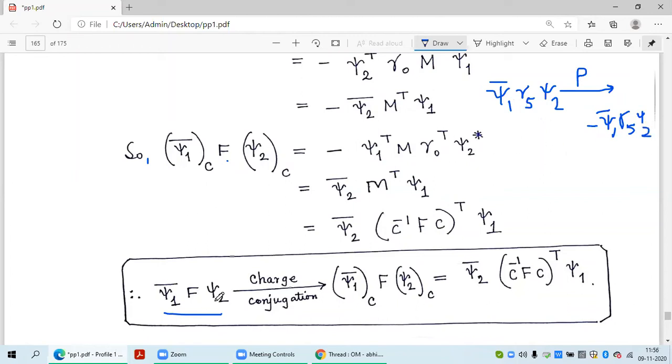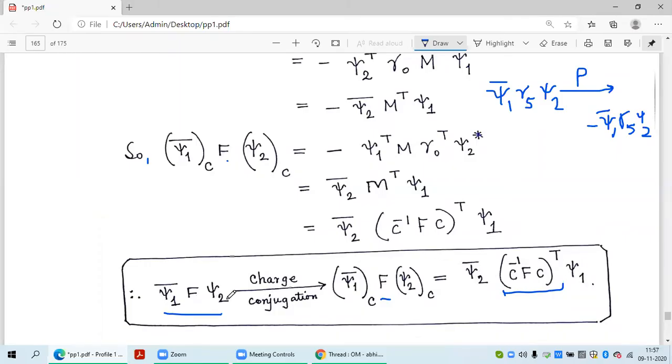But under C, we will see how it transforms, because this is also not f. This f changes to this. This is different from f. The thing is that this charge conjugation transformation swaps the field positions.